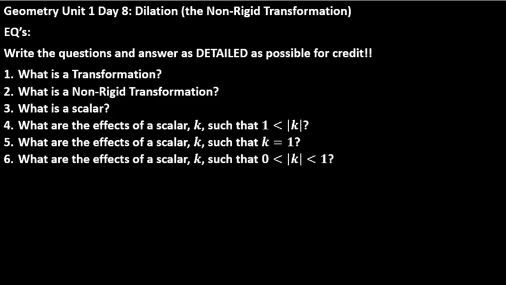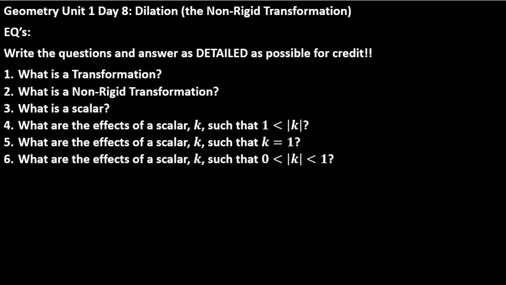Okay, so basically to answer our number 4 and 5, what are the effects of a scalar such that 1 is less than the absolute value of K?